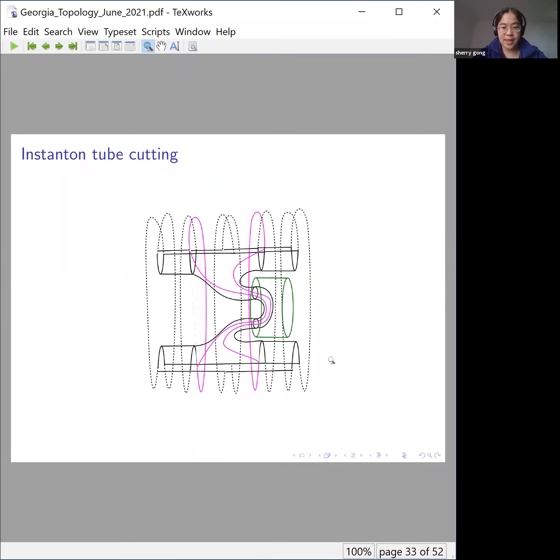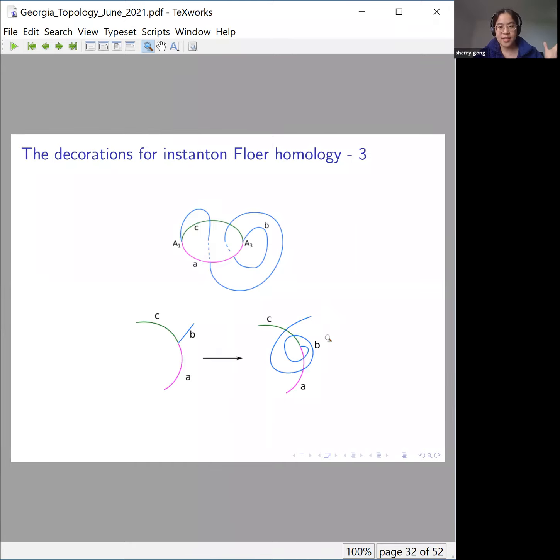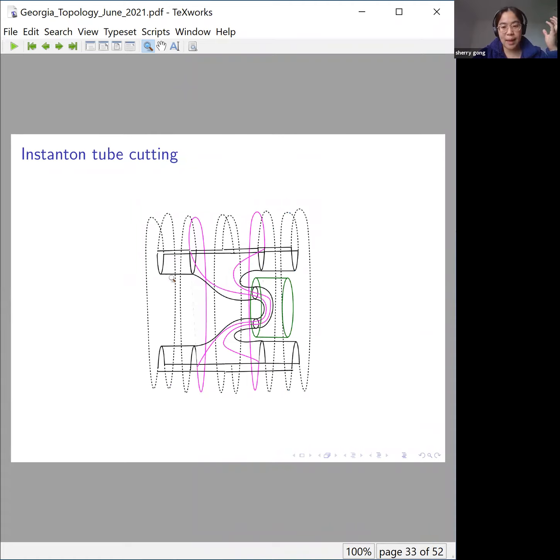Then once you've done that, you get this surface, and you consider the map induced by the cobordism with this extra surface. And then you do the same thing as before. This cobordism is a band, right? You do the reverse of the band with the mirror of this omega surface.